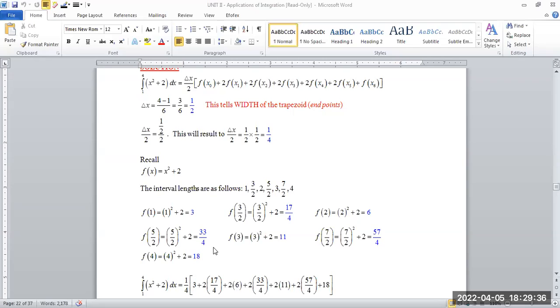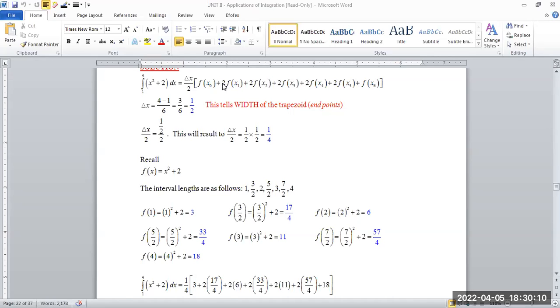Let's go. So what we're doing next now, there is something special in the formulation. My first term, which is my lower limit, and my last term, which is my upper limit, are the only two in the formula that will not be multiplied by 2.